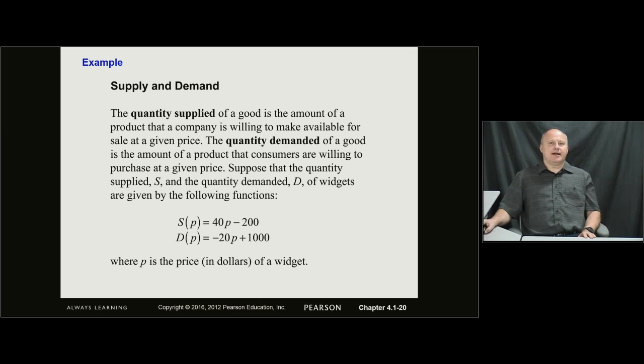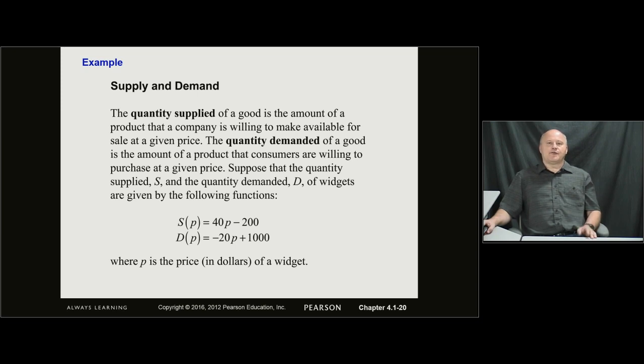Suppose that the quantity supplied S and the quantity demanded D of widgets are given by the following functions. The supply based on a price is going to be 40 times P minus 200.